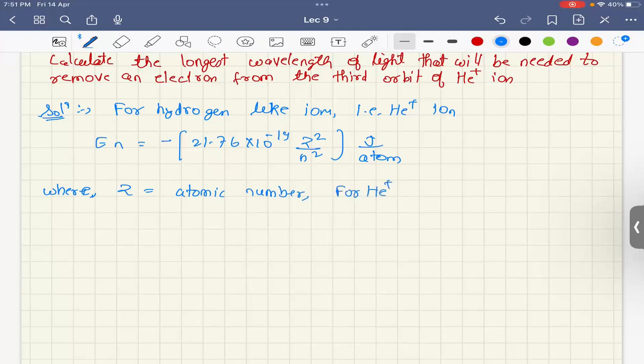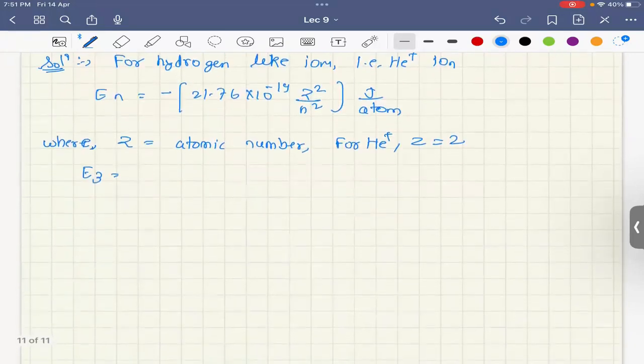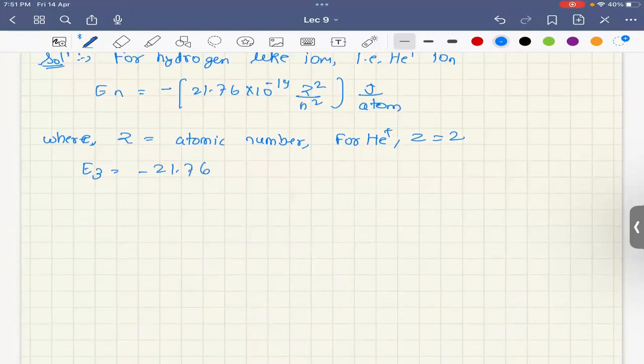For He plus Z is 2, right? And as we know that it's a third orbit, we just put in the values, 10 raised to power minus 19. So here Z is 2 by n square. What is n? n is 3, right? Joule per atom.